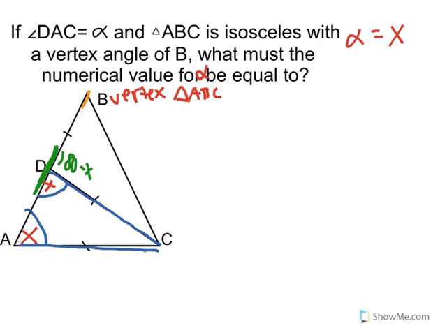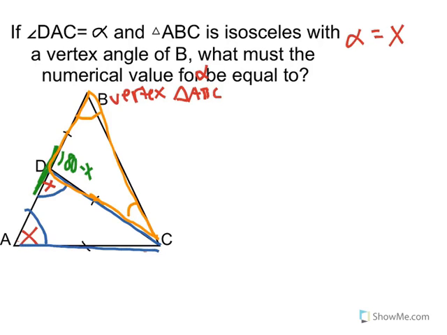And now looking at this top isosceles triangle, I have a congruent leg, which would come over here to that base angle, and a congruent leg that would go to this base angle. So those two have to be the same.